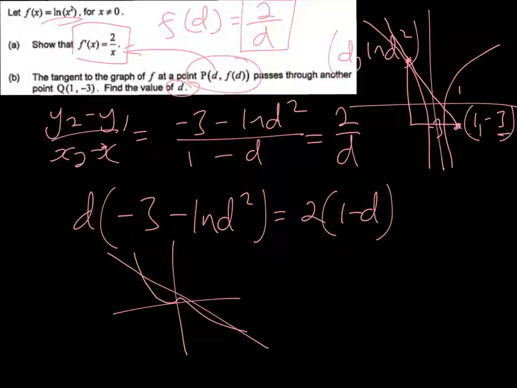So the solution will be at the intersection here, and we are trying to find the x value. So obviously in your calculator you're going to have to put in x instead of d here to graph that, but you should be able to find the intersection, which yields a value of negative 1.31.